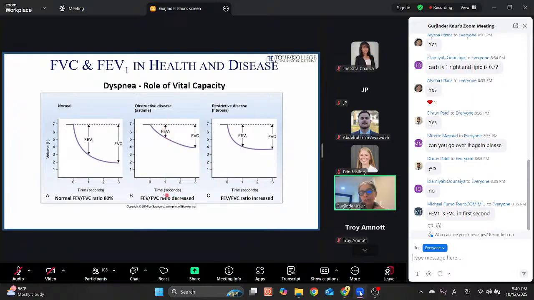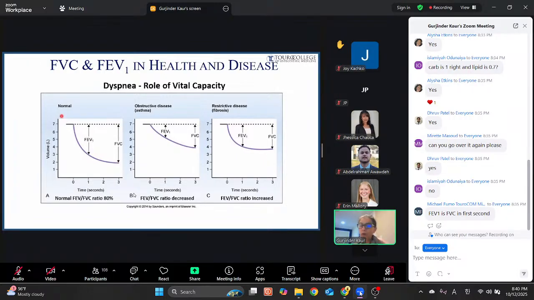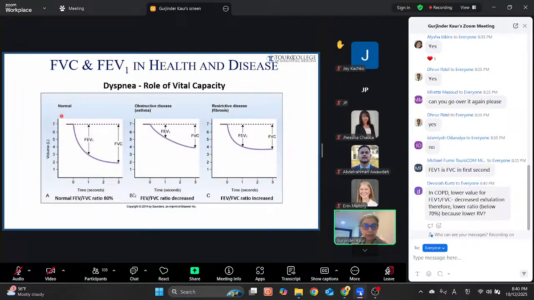So the FEV1/FVC ratio is decreased here, whereas here, the ratio will be increased. So you've got to keep an eye open for what kind of stem you are getting in the exam, whether the ratio is increased or decreased, and what kind of pathology it could be as far as the lungs are concerned.